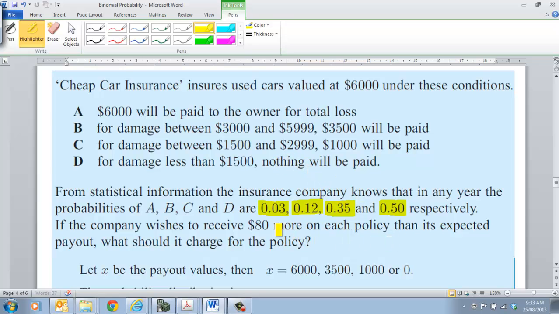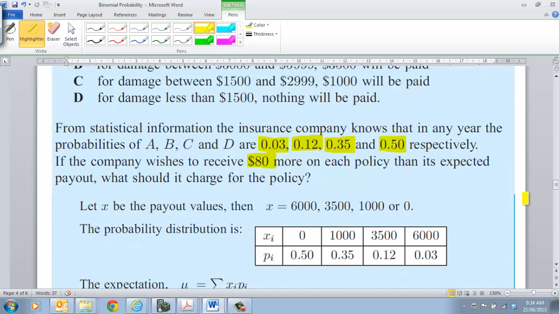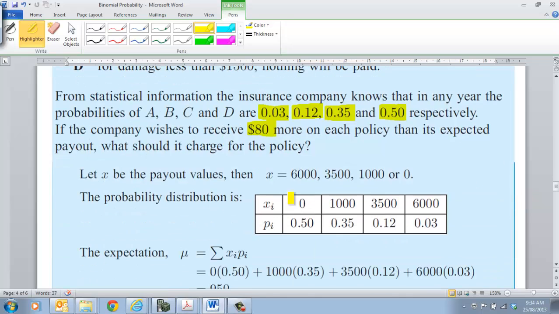So what the company wants to do, obviously, is cover their costs based on this information, but also make an $80 profit for every policy. If you consider what would happen in real life, it's the same scenario we're looking at here.